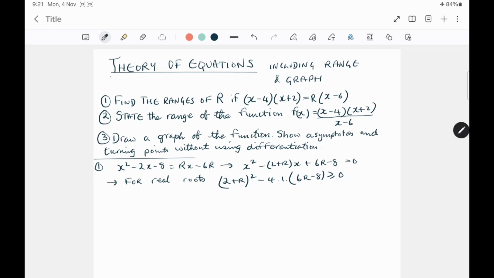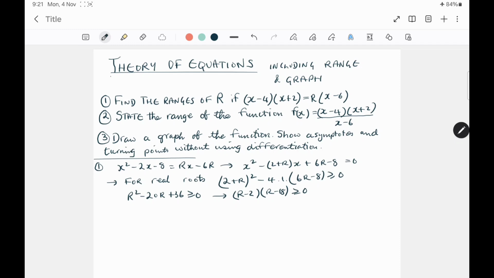And when we work all that out and simplify it, it comes down quite easily to r² - 20r + 36 has to be equal to or greater than 0. The left-hand side factorizes as (r - 2)(r - 18) is equal to or greater than 0.